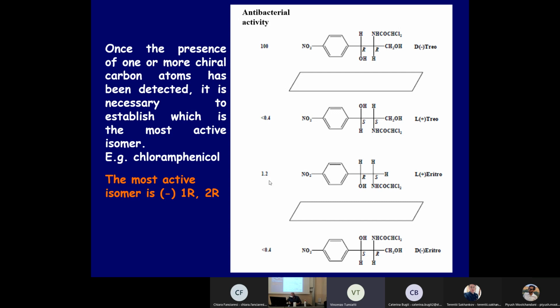The other stereoisomers have very low antibacterial activity. Only 1 is potent. This means that the target requires this type of stereochemistry, and the others are not active.